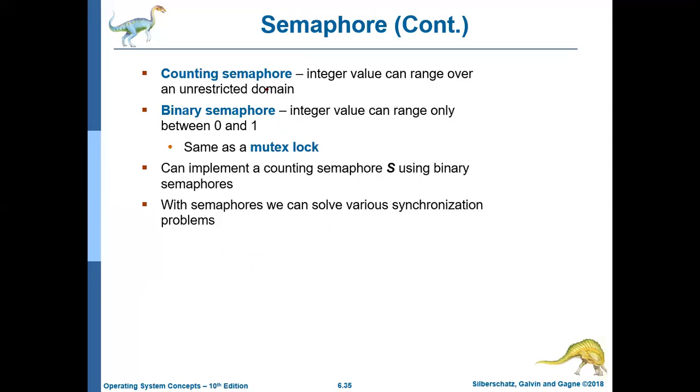We have already discussed the two types of semaphore, counting and binary. Binary means the semaphore value may be 0 or 1, not more than 1. A counting semaphore can have the complete integer range. What is the basic difference?